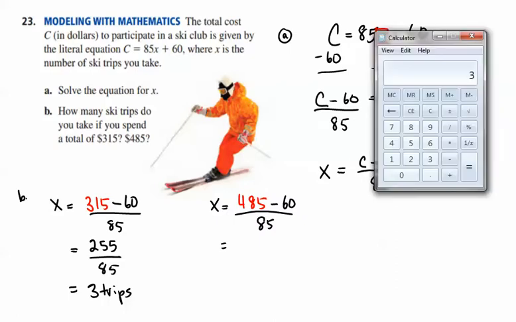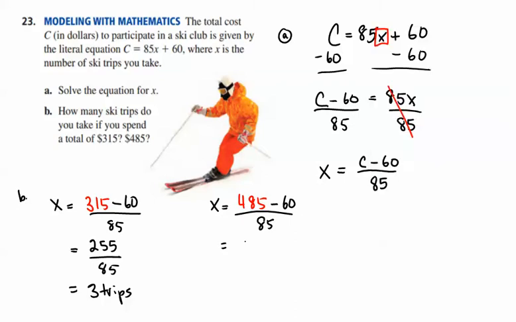I'm going to bring up the calculator: 485 minus 60, we take off the one-time fee, now we have $425, divide that by 85, and we do indeed get 5 trips.